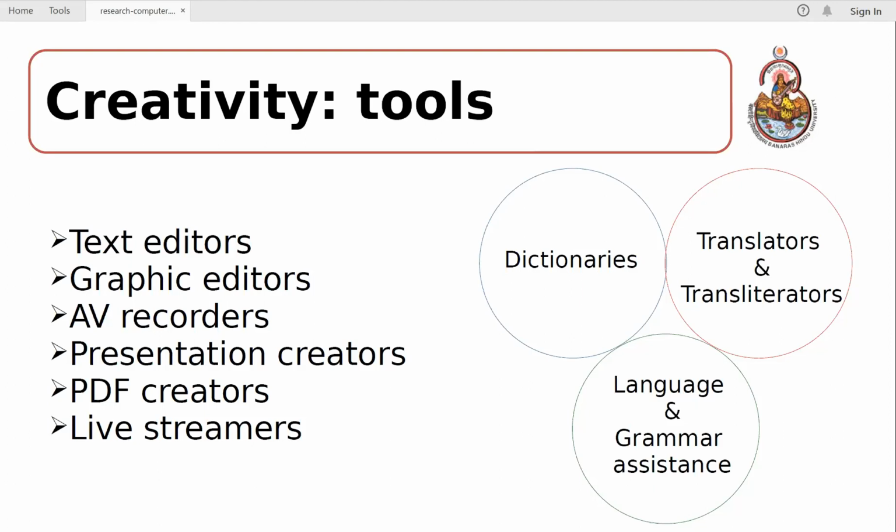Apart from that, dictionaries are there to help you find suitable terms. You have translators, grammar editing tools, language editing tools. You can use all these products in your information resource, whatever you are creating.